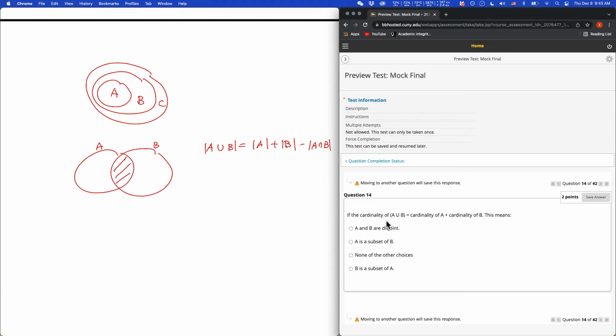But now, since the cardinality of A union B just equals the cardinality of A plus the cardinality of B, this means the cardinality of A intersect B is equal to 0. And this means they don't have anything in the intersection. So A and B are disjoint.